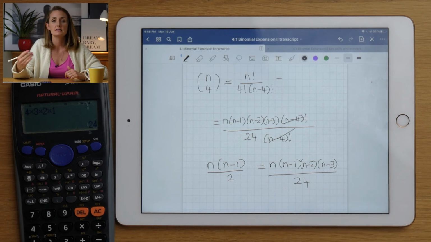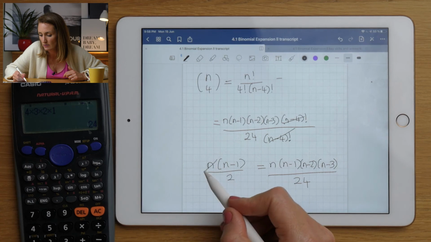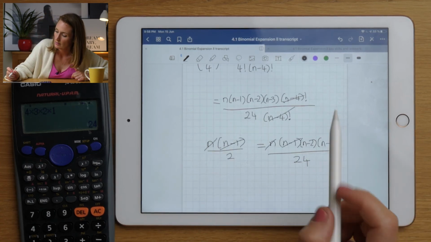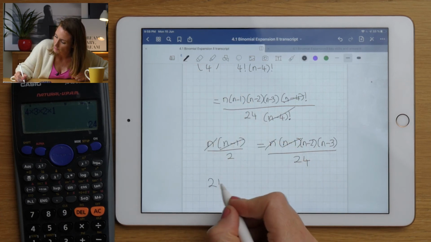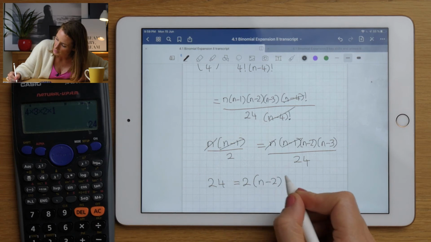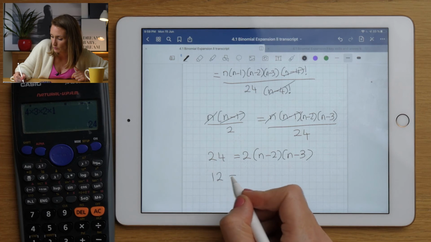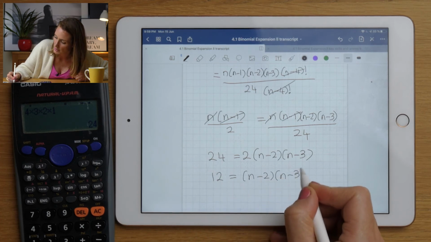The reason why I say it's easy to use it in the form before you expand the brackets is you can now just cancel n for n and n minus 1 for n minus 1. Now we can cross multiply. So we would have here 24 is equal to 2 times n minus 2, n minus 3. I'm going to divide both sides by 2. So 12 is equal to n minus 2, n minus 3.